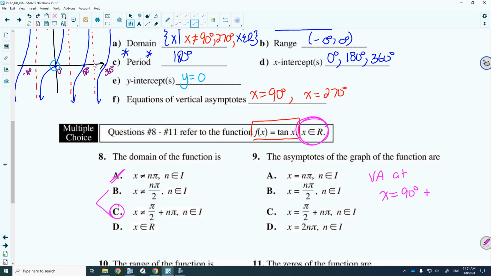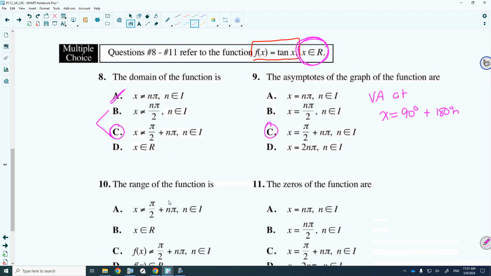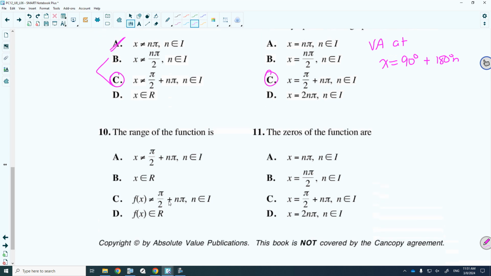So the vertical asymptotes are at 90 and then multiples of 180, so at pi over 2 plus multiples of pi. The range of a tan graph goes from negative infinity to infinity, so D would be the answer.